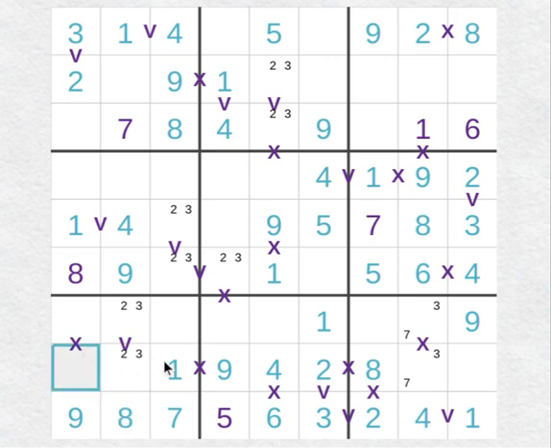Cannot be 1, 9, and cannot be 8, 2, and 7, 3. So it has to be 6, 4. This 4 puts 4 over here. That's 6. And we need a 5 in there. Puts 5 in there.